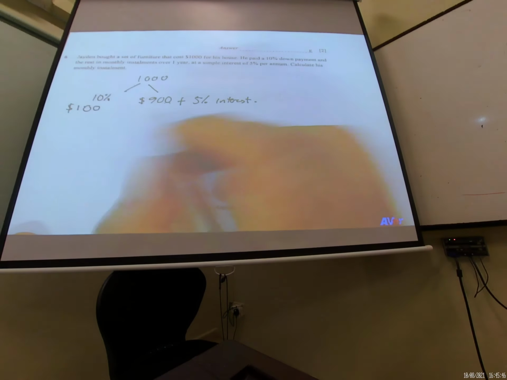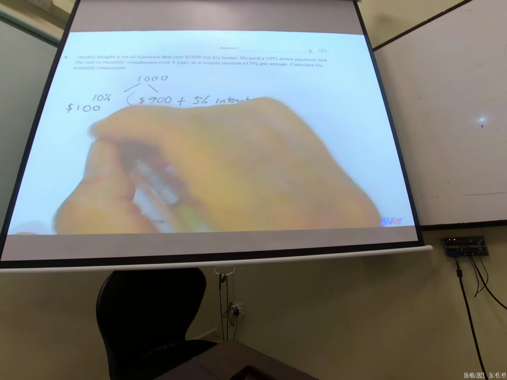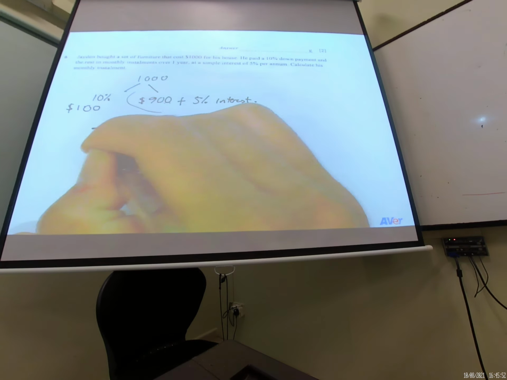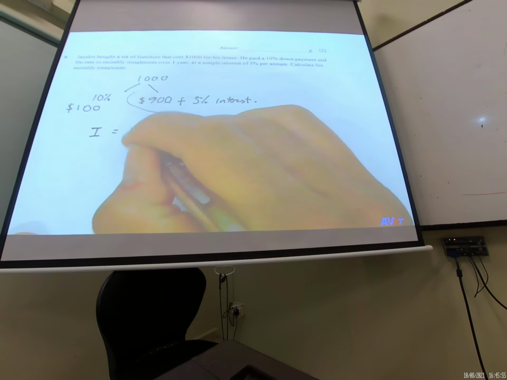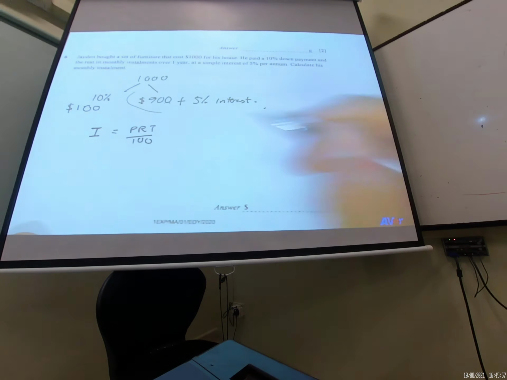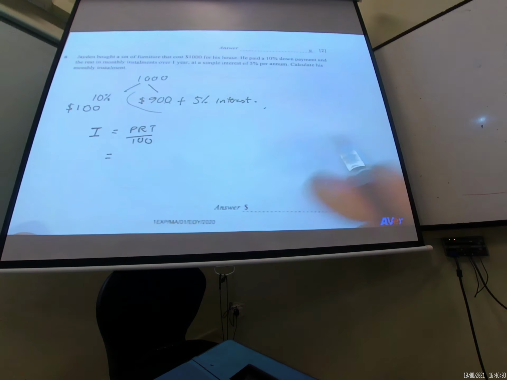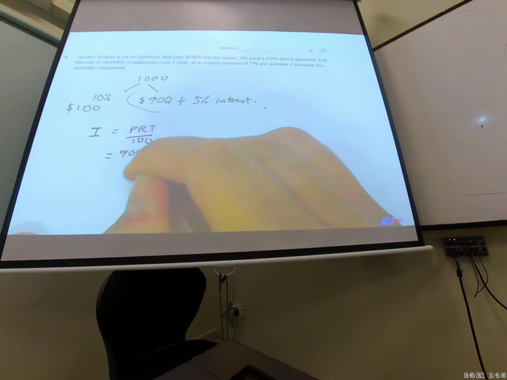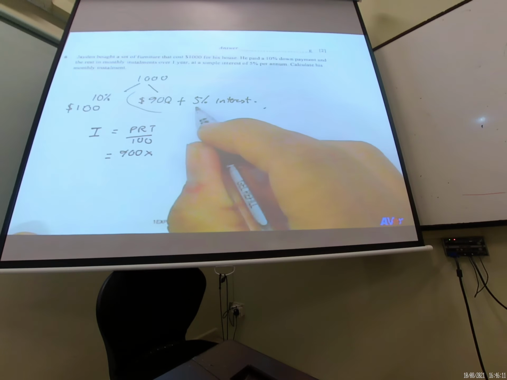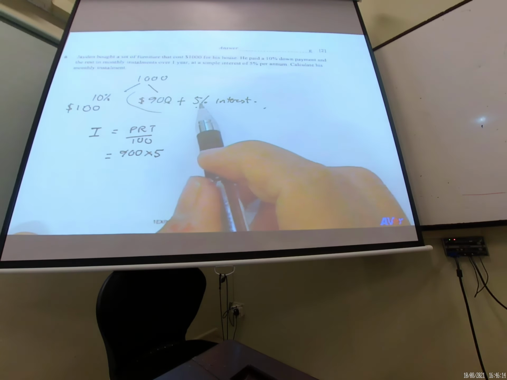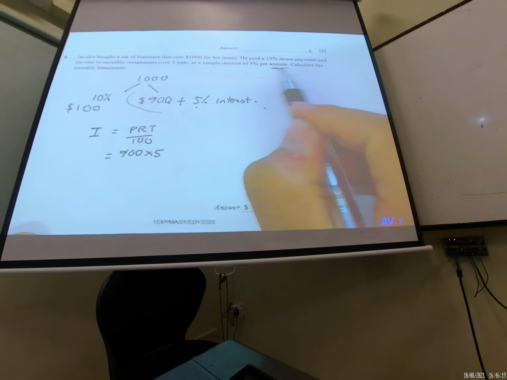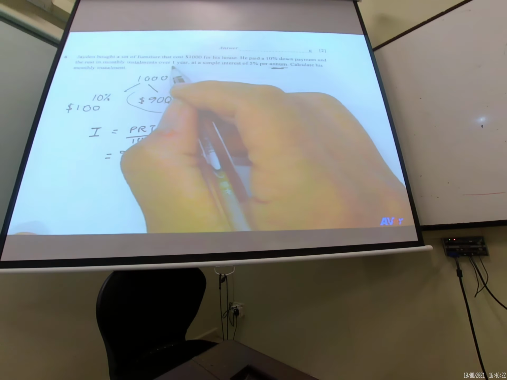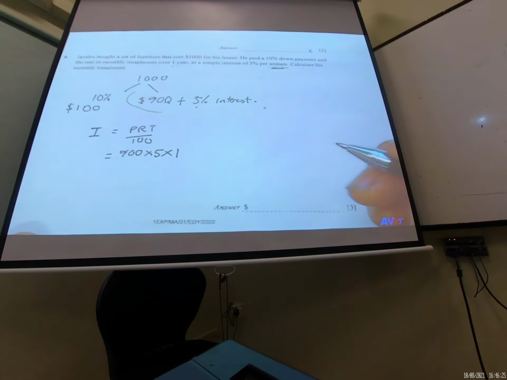So first we find what this amount is. What is the interest? The interest is I equals PRT over 100. The principal is how much you owe. He owes $900, so this $900 is his principal. The rate is 5% per annum, meaning every year 5%. Then he pays the installment over 1 year, so the time is 1.